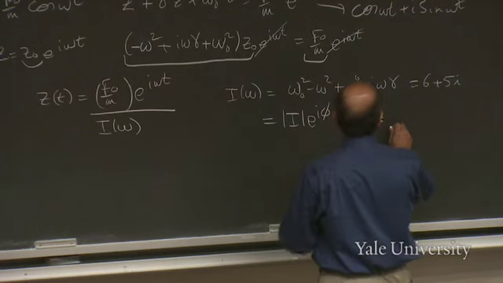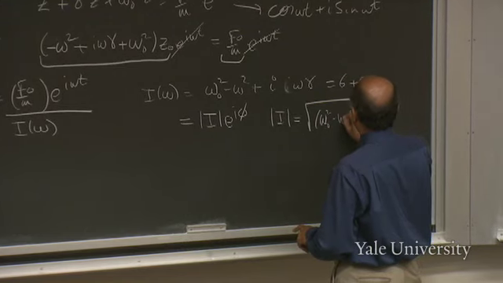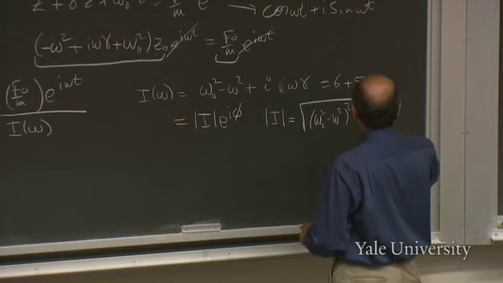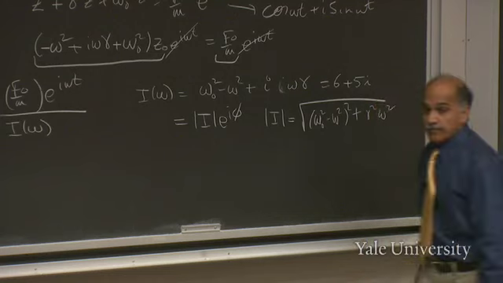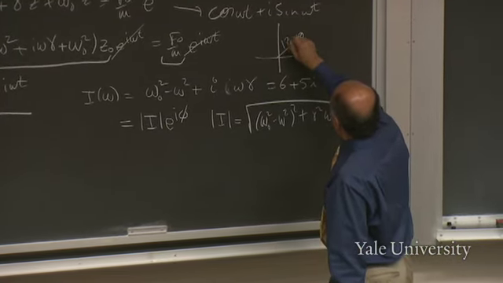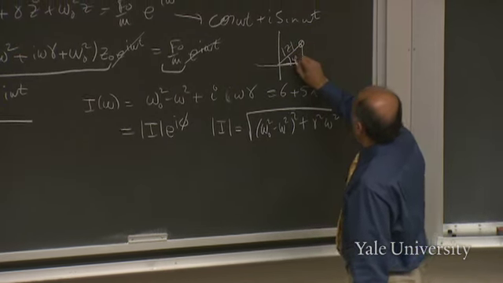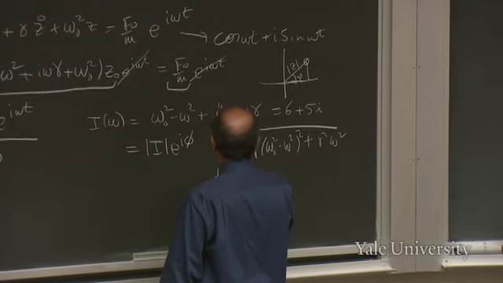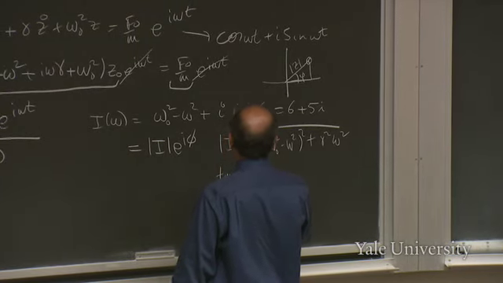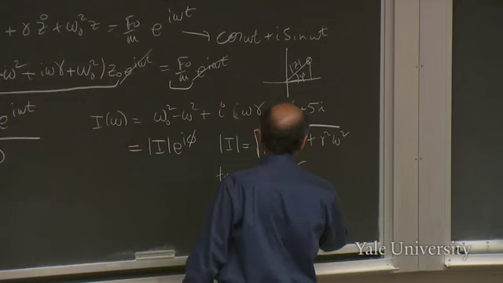Well, by the Pythagoras theorem, it will be the square of the real part plus the square of the imaginary part, under the root. And it will have a phase phi, obeying the condition tan phi is the imaginary part divided by the real part.